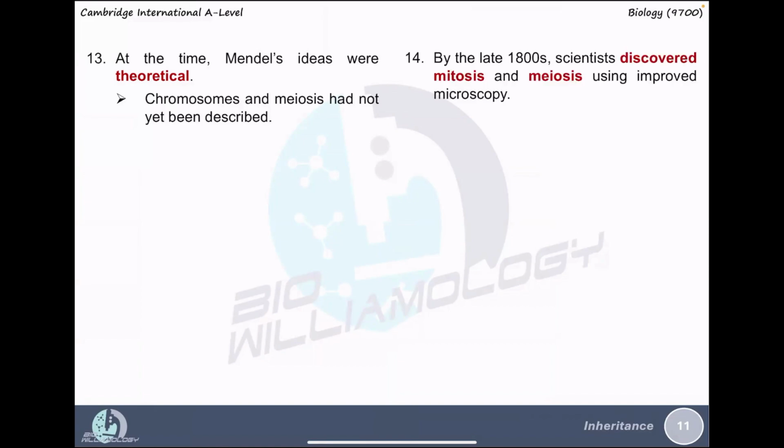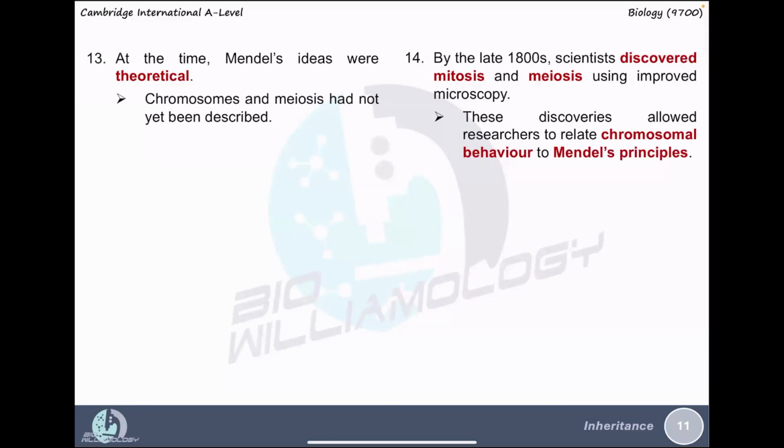However, by the late 19th century, scientists discovered mitosis and meiosis using improved microscopy, and these discoveries allowed researchers to relate chromosomal behavior to Mendel's principles.